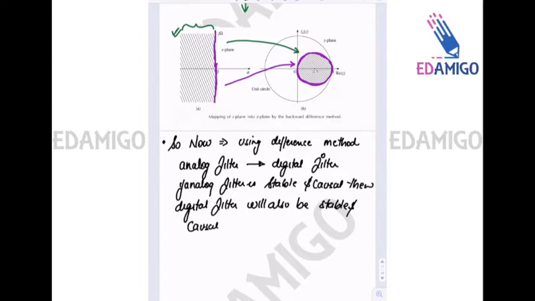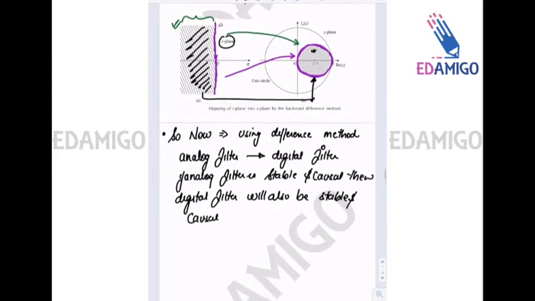Okay, because whenever any pole is on the left half of the S plane, the system is stable, and this is actually getting mapped into this circle. And in the Z plane, stability is when the pole is inside the unit circle, and this circle is inside the unit circle itself, so the digital filter will also be stable. So this is a very important point.